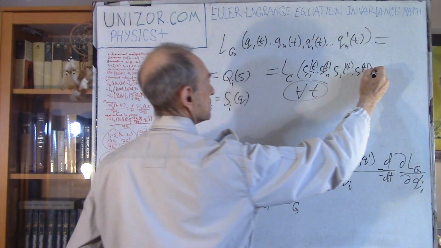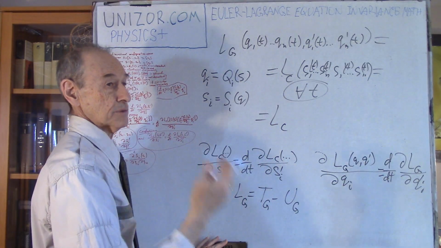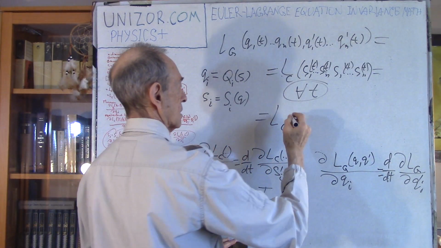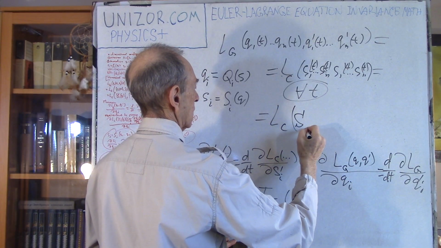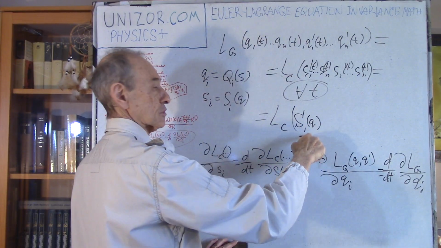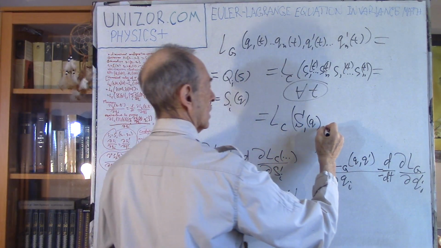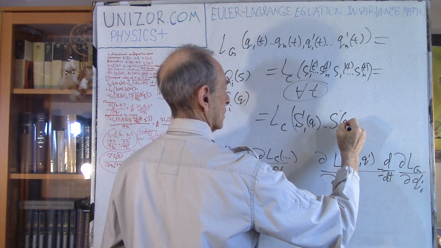So I can say that this is equal to Lc, which is the known formula for the Cartesian Lagrangian, from capital S1 of Q. Now Q means Q1, Q2, Q3, etc., capital Sn of Q.